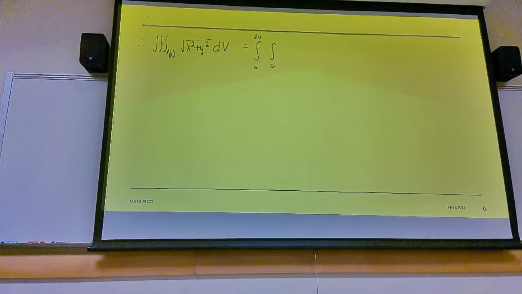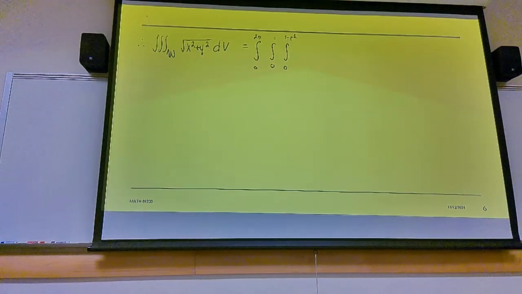Write the integrand in cylindrical. r squared dz dr d theta.